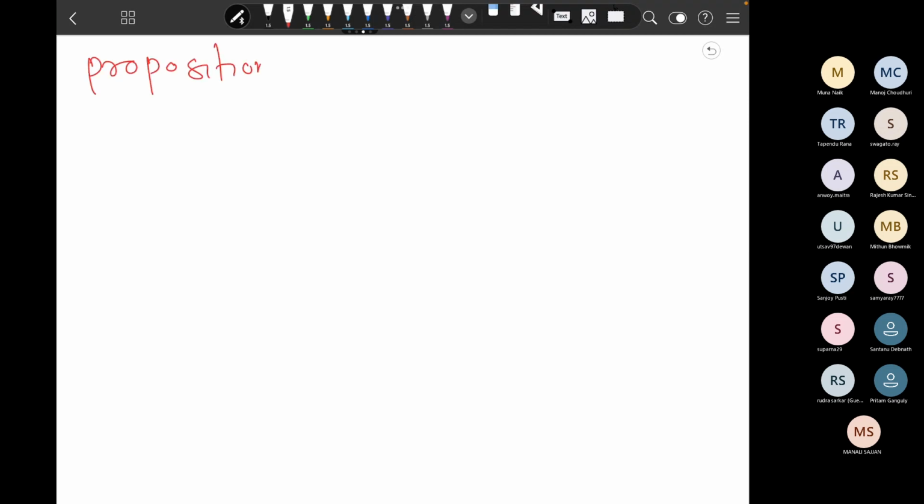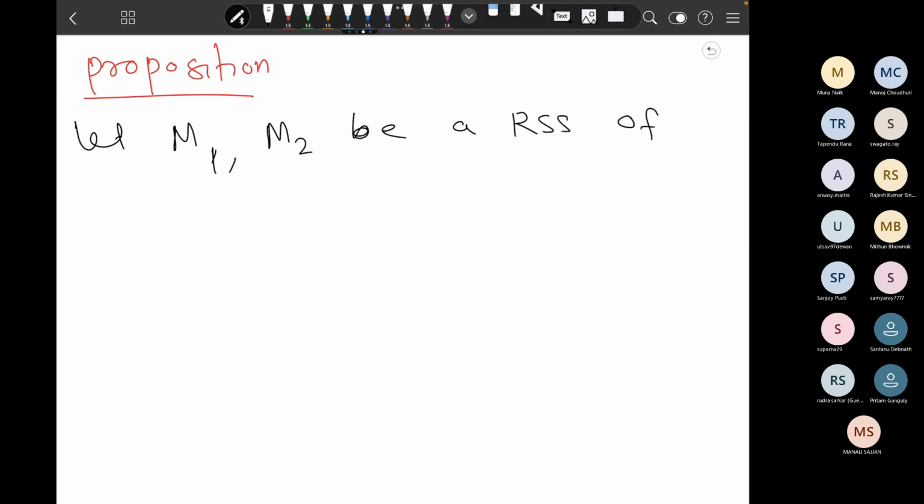So let M1, M2 be Riemannian symmetric spaces of type mu, where mu is compact or non-compact.